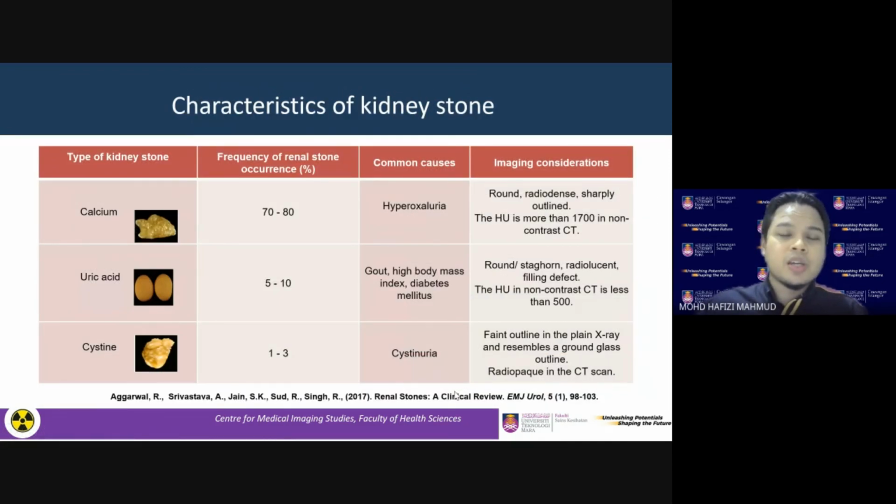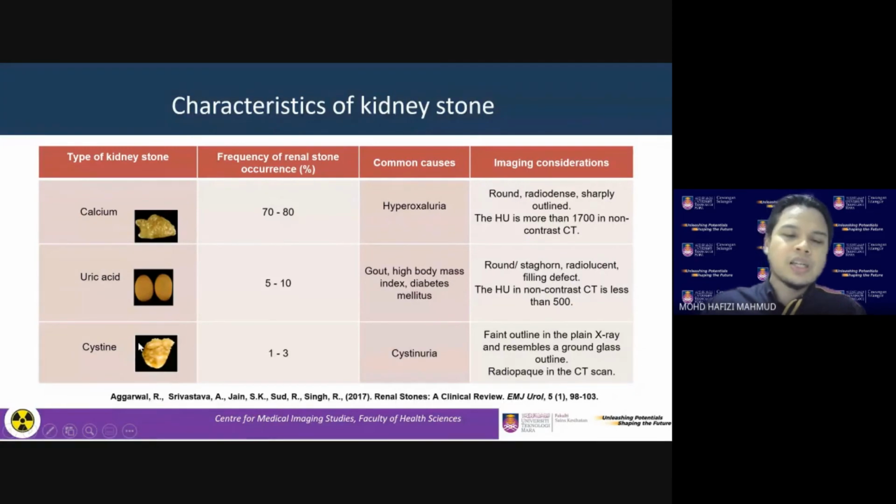These are some of the characteristics of kidney stone. These are calcium stones. They have a high frequency, and a common cause is hyperoxaluria. This is the SU value of the calcium stone. We have uric acid and cysteine.